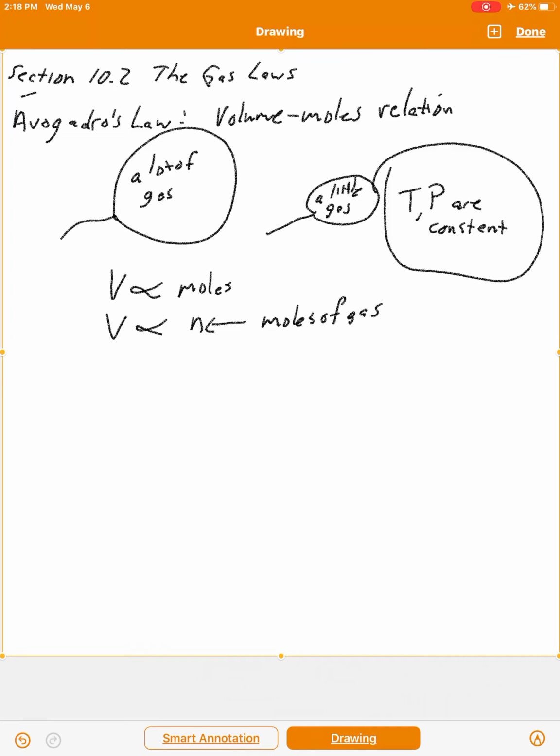So we can write this equation in different ways. We could say V is equal to a constant times N. Or we could say V divided by N is equal to a constant. Or we could say V1 over N1 is equal to V2 over N2. As we've seen, that's a possible way to relate it.